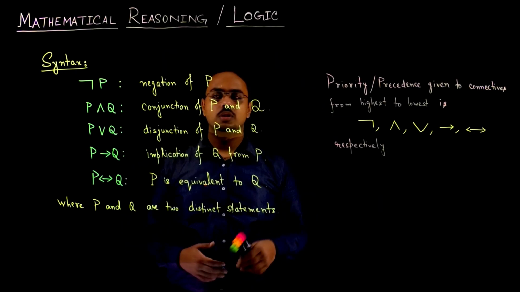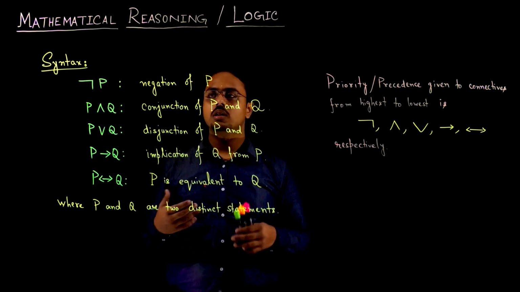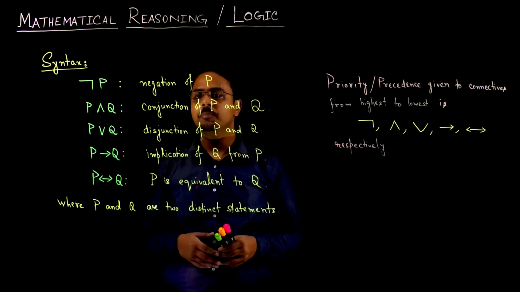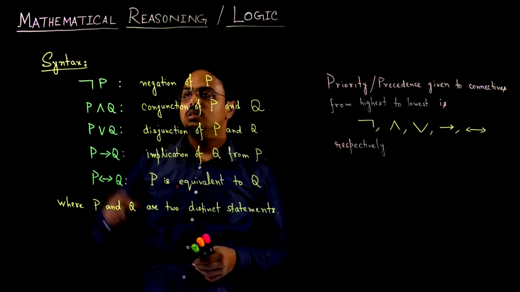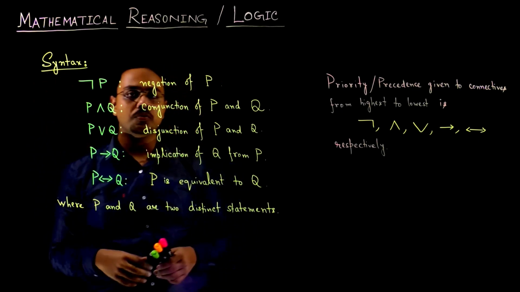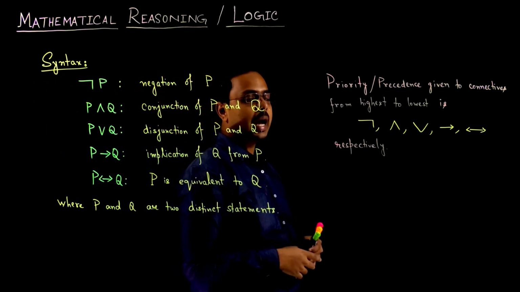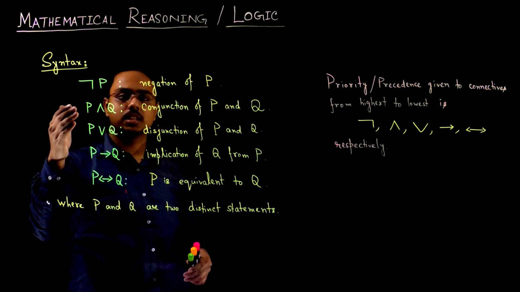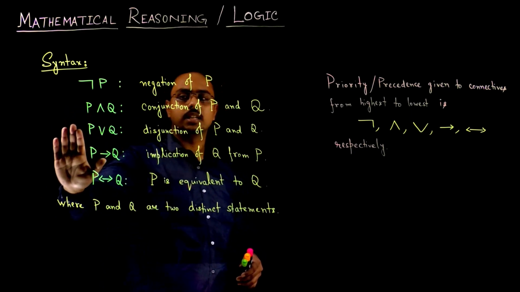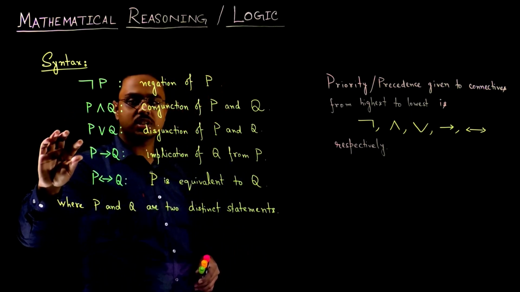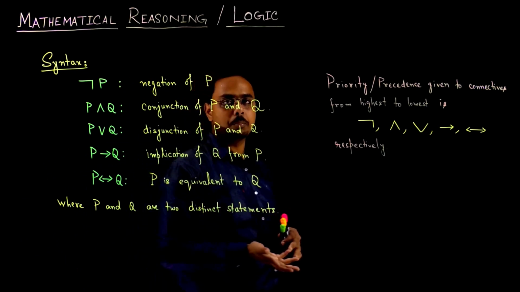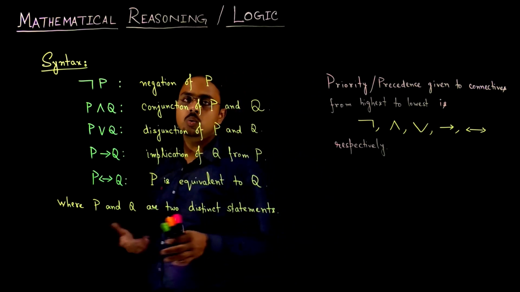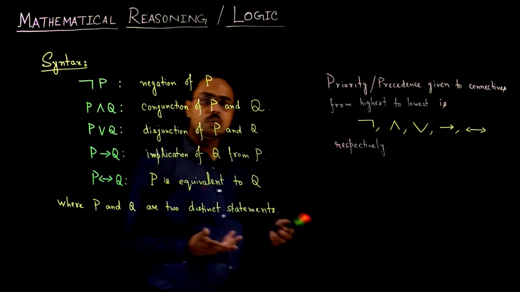Okay, so these are the various syntaxes for writing the statements with the symbols. This denotes the negation of the statement P, and if P and Q are two statements, then this denotes the conjunction of P and Q, this the disjunction of P and Q, this denotes implication of Q from the statement P, and this denotes P is equivalent to Q, that is, P and Q are equivalent statements.